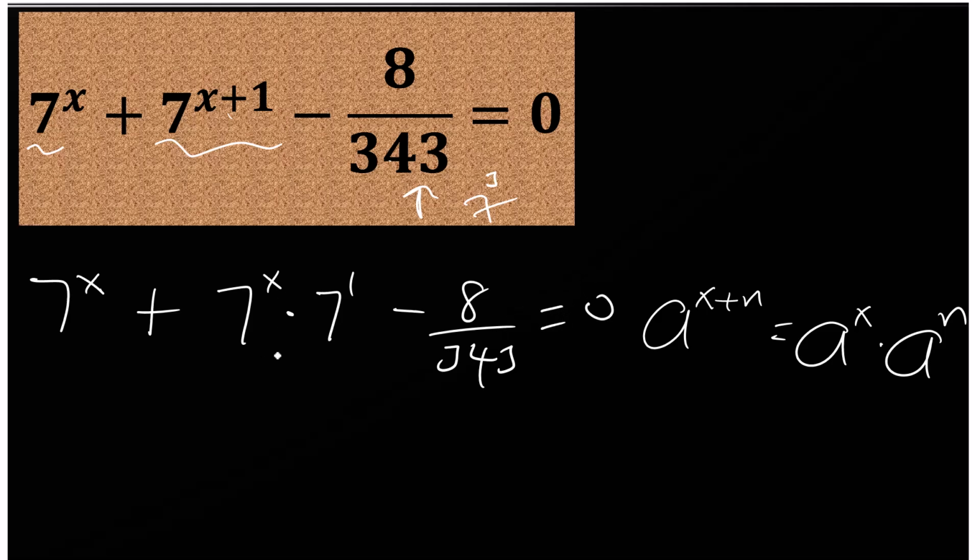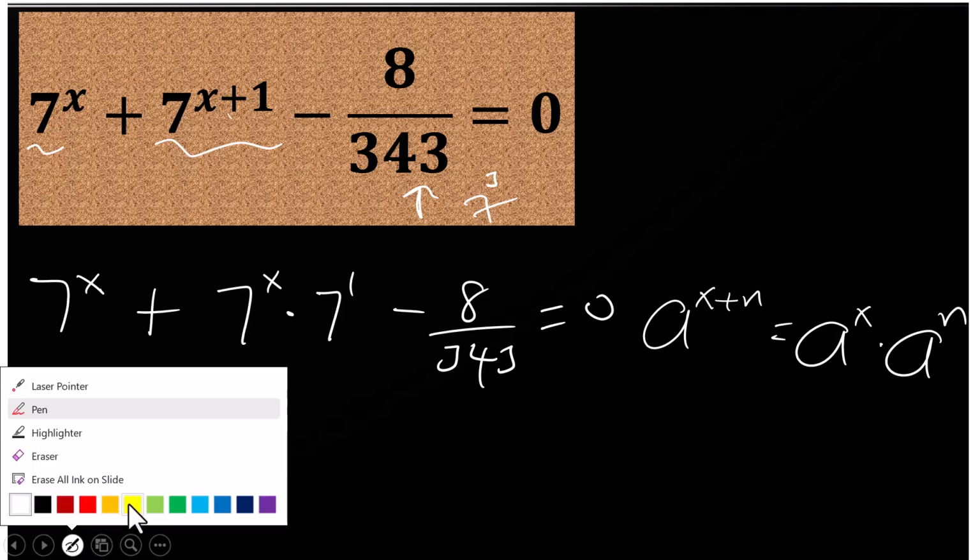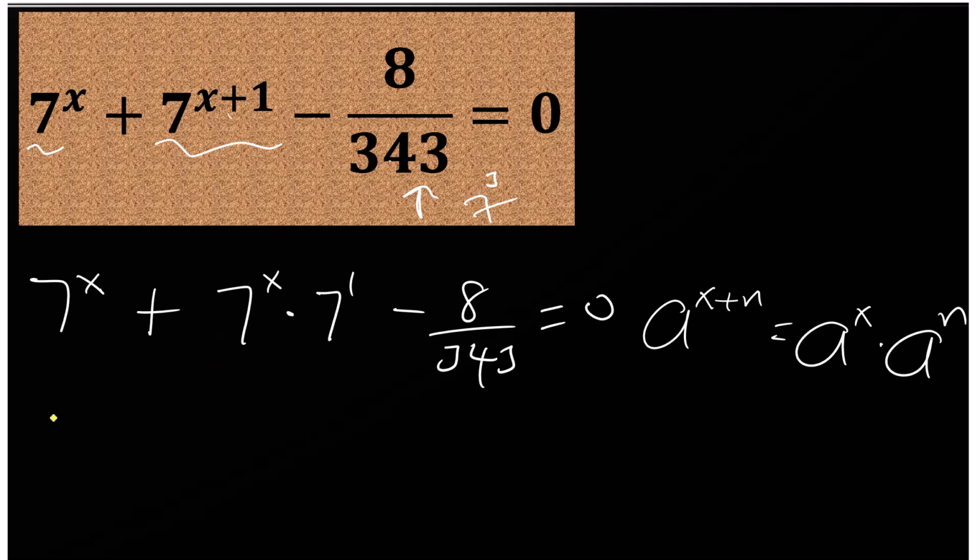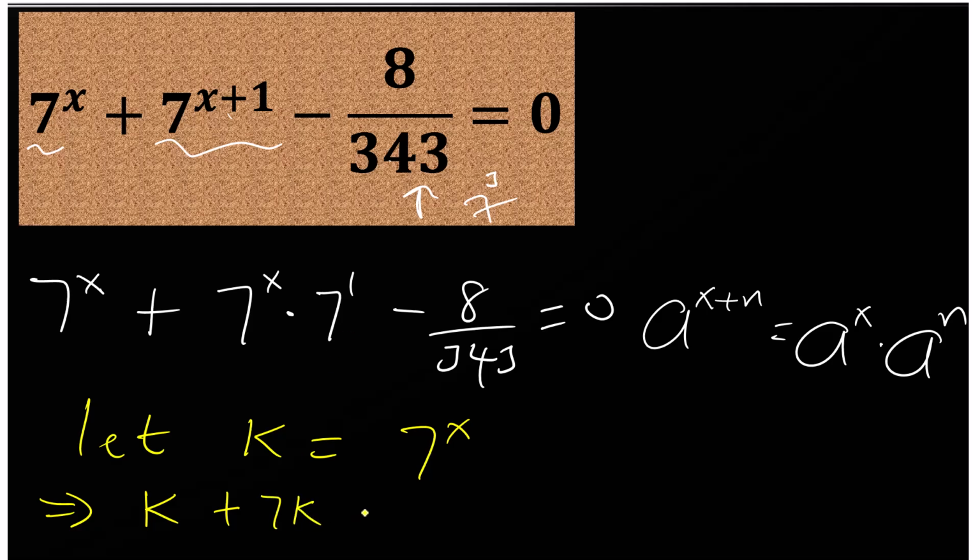Now let's take this 7 to the power x out. So we can say from here, let k be 7 to the power x. So in going back, we have k plus, so this one is k times 7, that will be 7k minus 8 on 343 equals to 0.